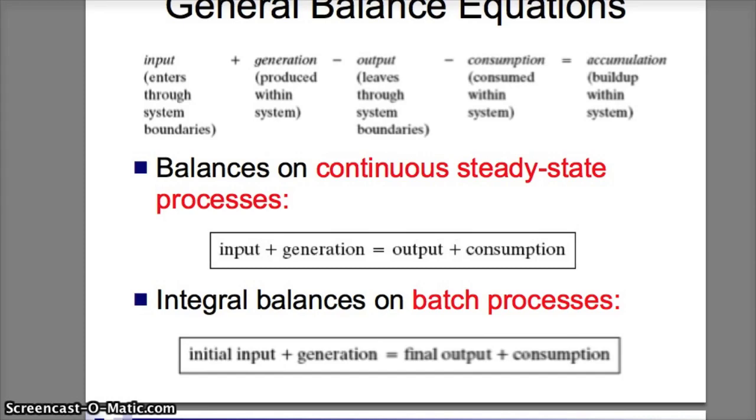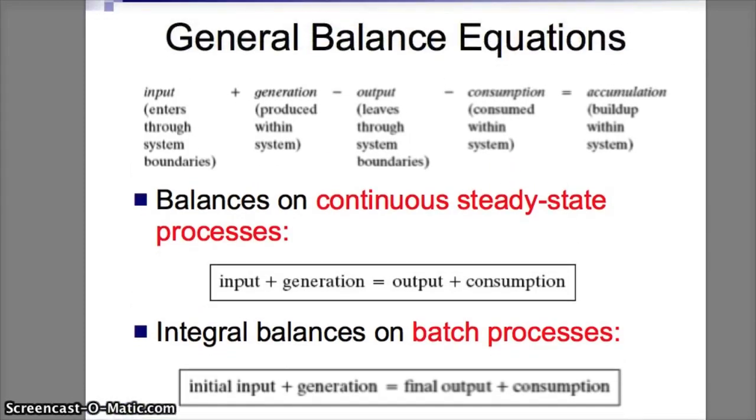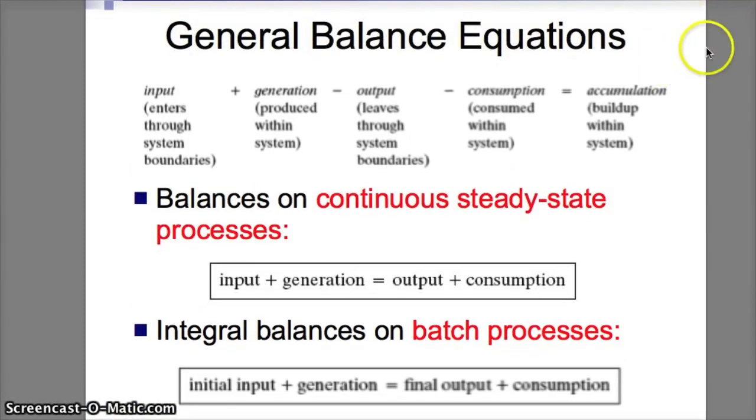The general balance equation. So we have input plus generation minus output minus consumption equal to accumulation, which is the build up within the system.